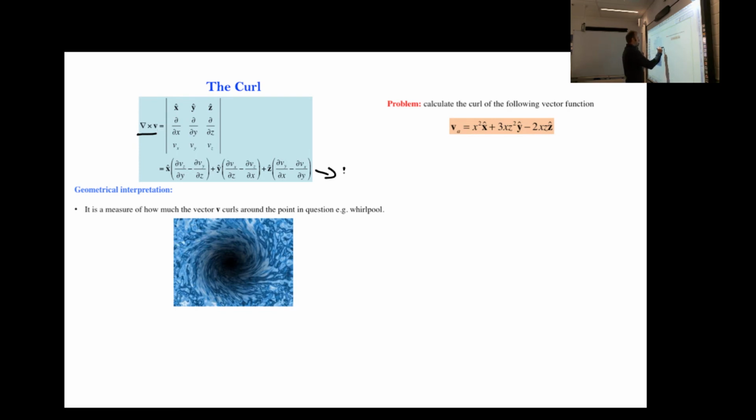So it has magnitude and direction. And what we're going to do is calculate the curl of the following vector function VA. Okay, so here we have our expression for the curl of a vector function, and we're going to use this in order to determine the curl of that vector function.